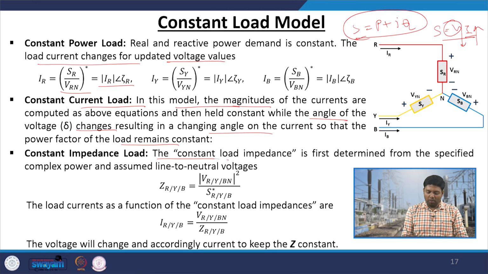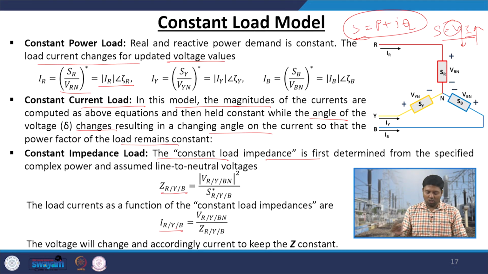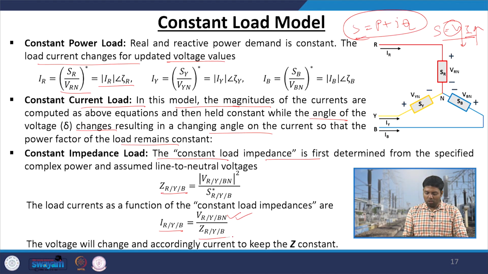For a constant impedance load, like constant current, we calculate the impedance for a rated amount of power, and we keep that impedance constant. The amount of current it takes depends upon the value of voltage at the load end. If your voltage is reducing, as the impedance is constant, your I will reduce.